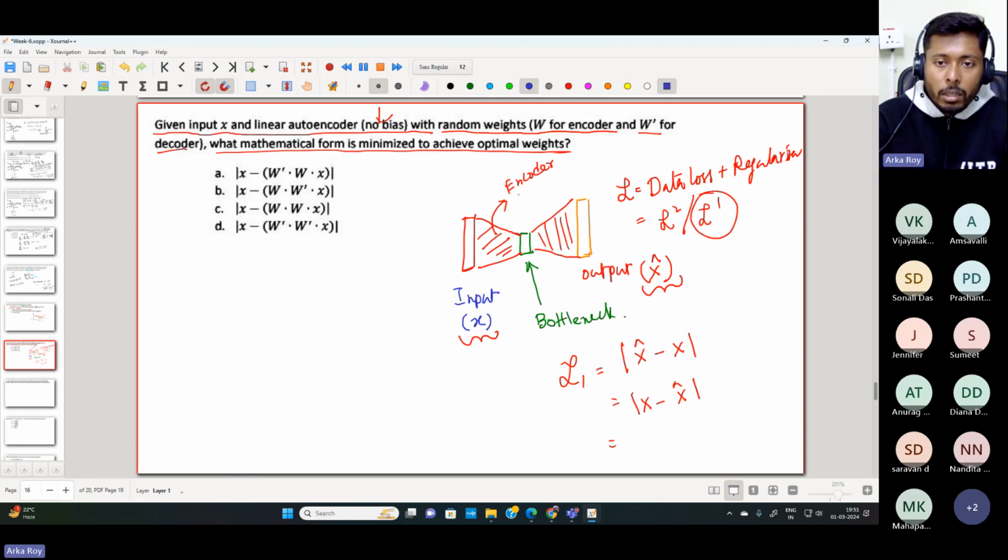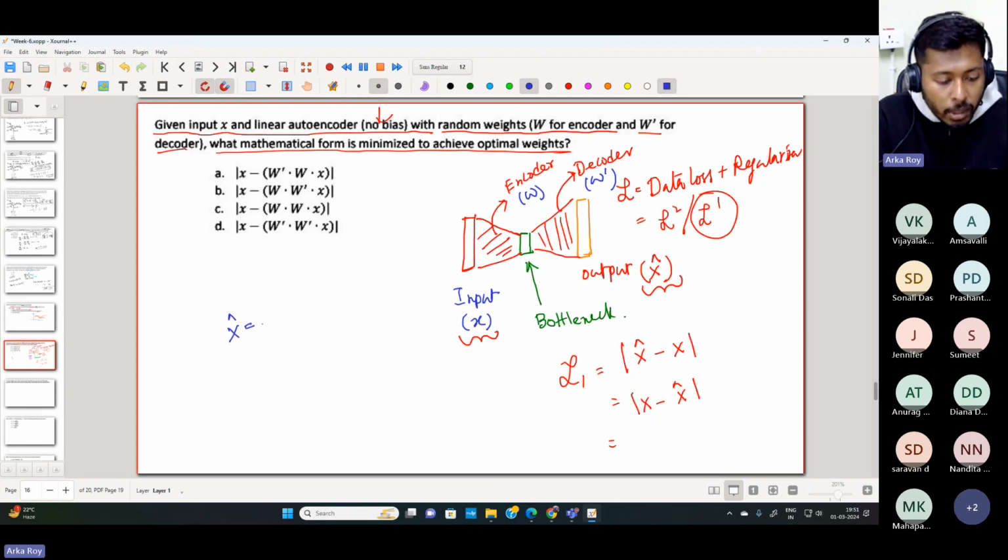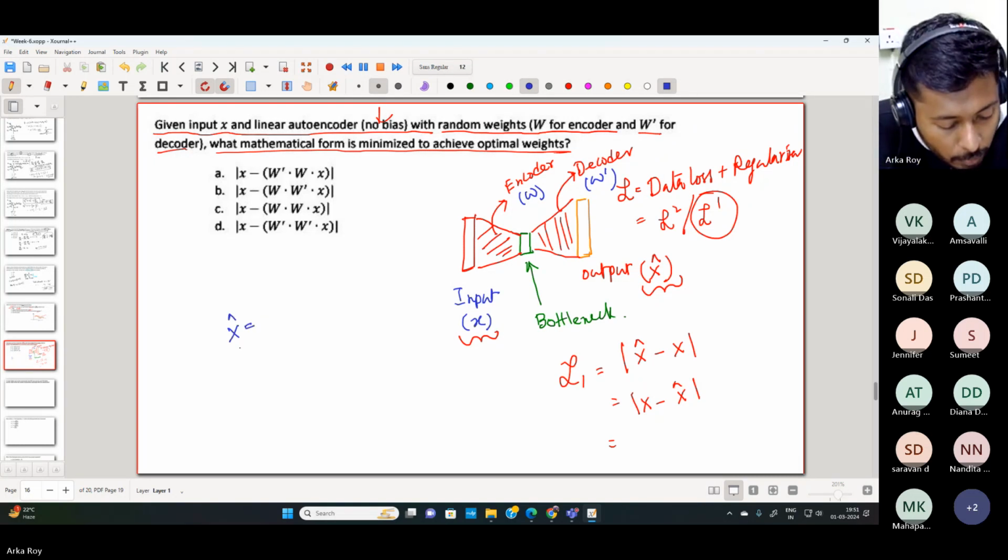And the encoder has weight W. And what is this part called? Decoder. So the decoder has weight W hat or W dash. So to get X dash, what will be the equation? What will be the equation to get X hat?